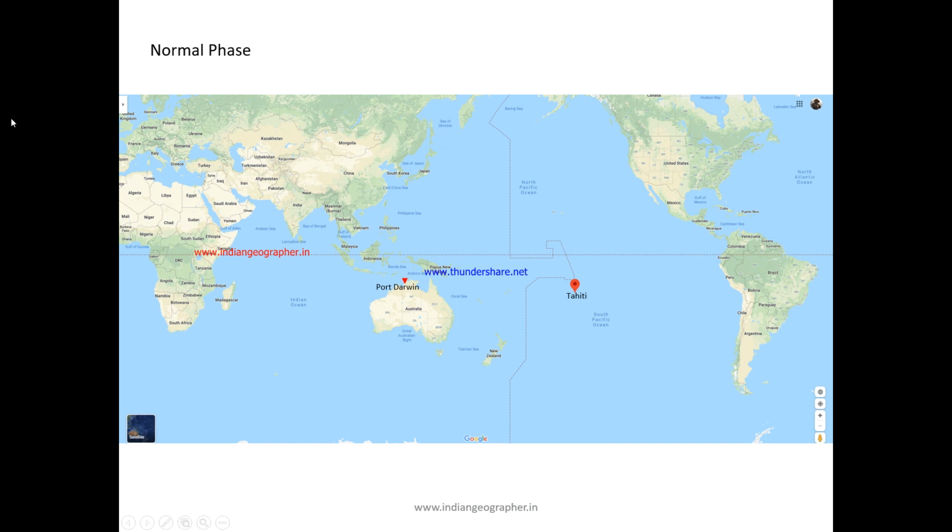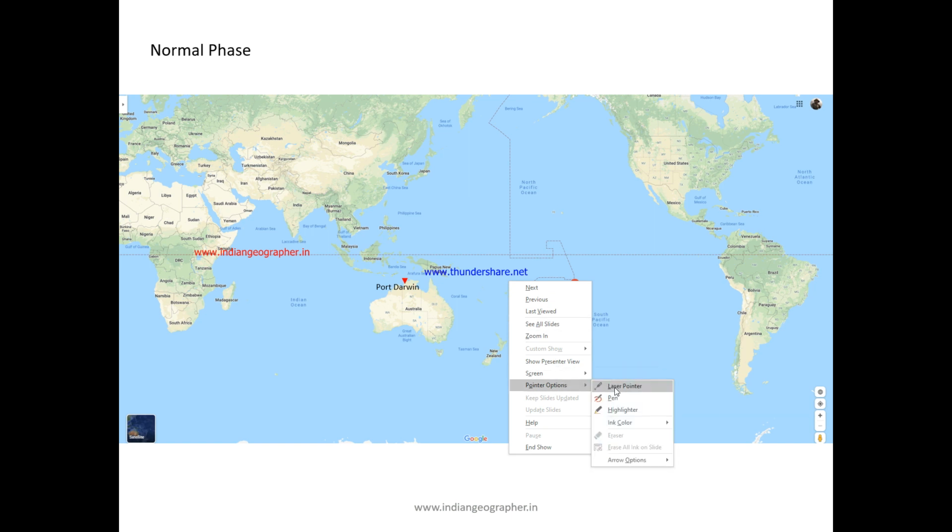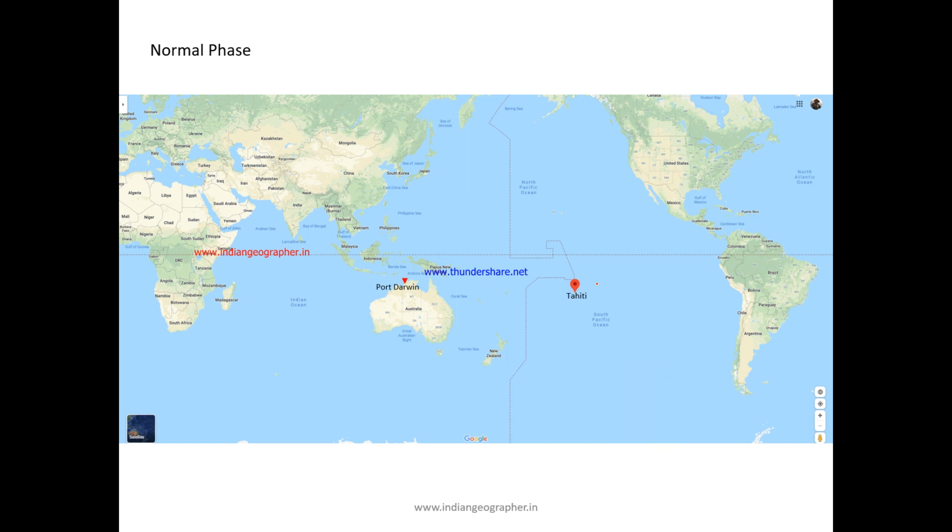I'll just explain what the pressure difference is. What Gilbert Walker says is that whenever there is high pressure here in the Indian Ocean, there is low pressure here in the equatorial South Pacific. Similarly, whenever there is low pressure here in the equatorial South Indian Ocean, there is high pressure here in the Pacific Ocean.